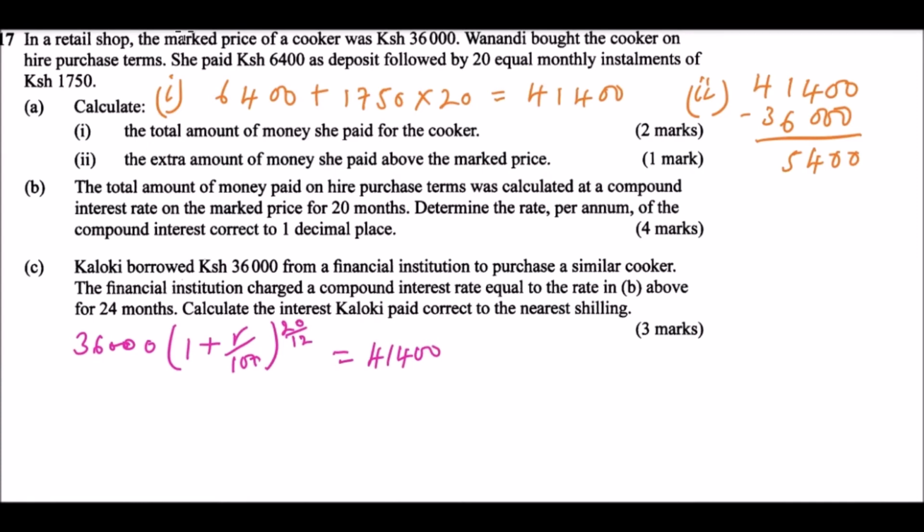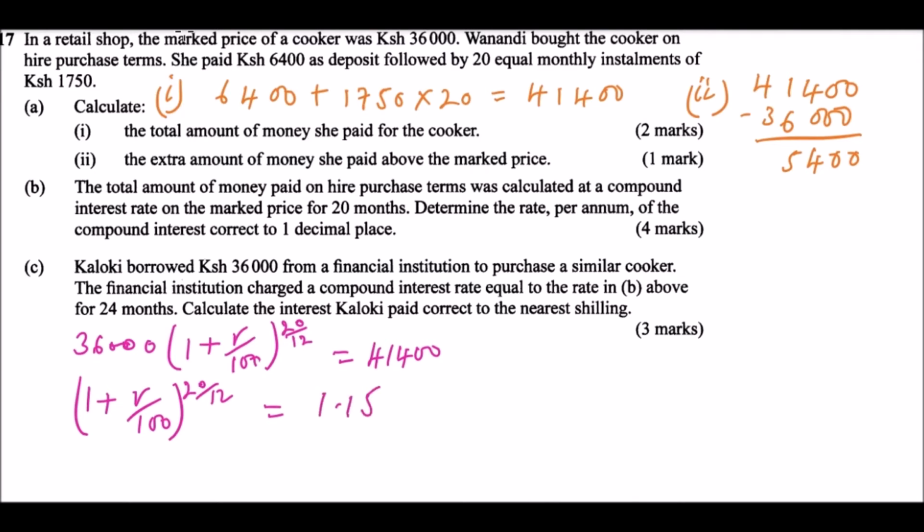So you can divide both sides by 36,000. We have 1 plus R over 100 raised to power 20 over 12. When you divide 41,400 by 36,000, you get 1.15.